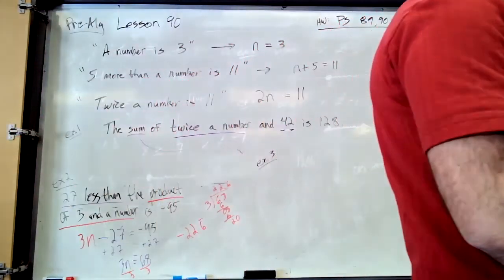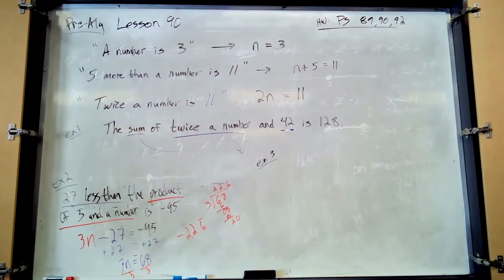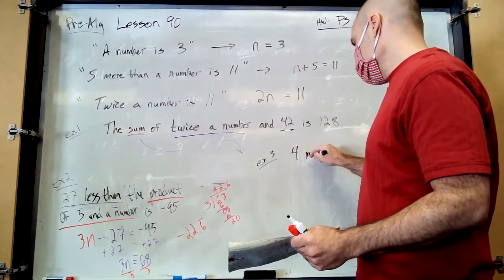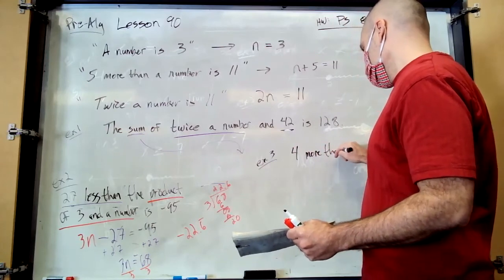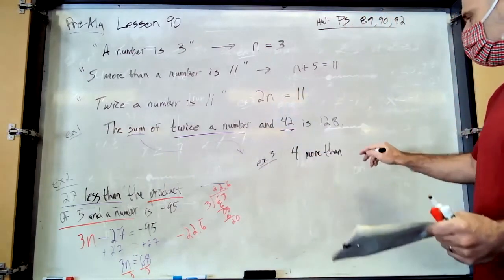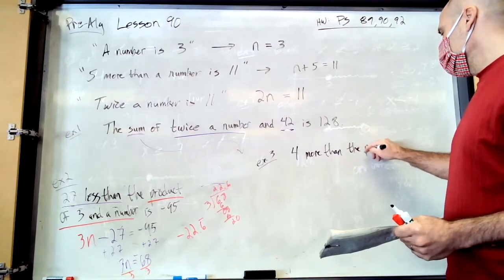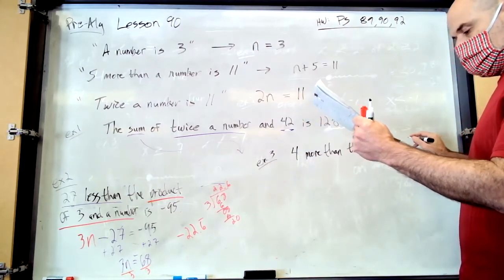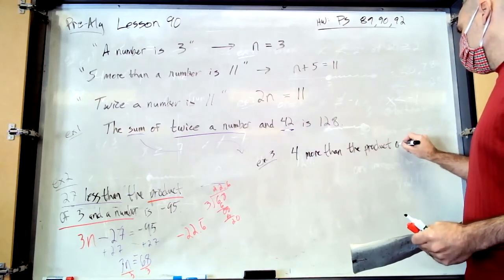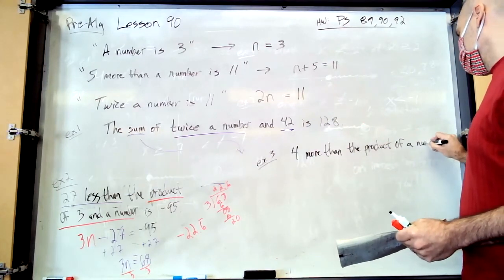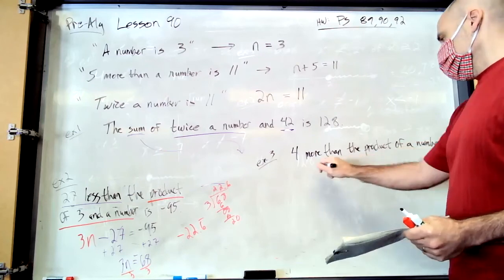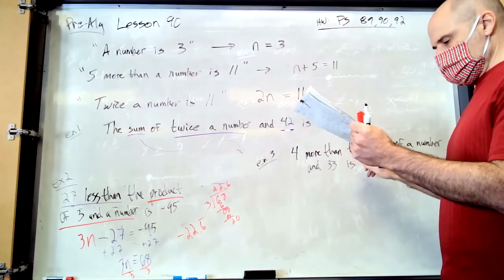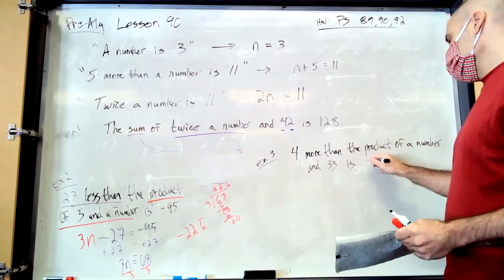Okay, you guys ready for the last example? All right, here we go. 4 more than the product of a number and 33 is or equals -95.